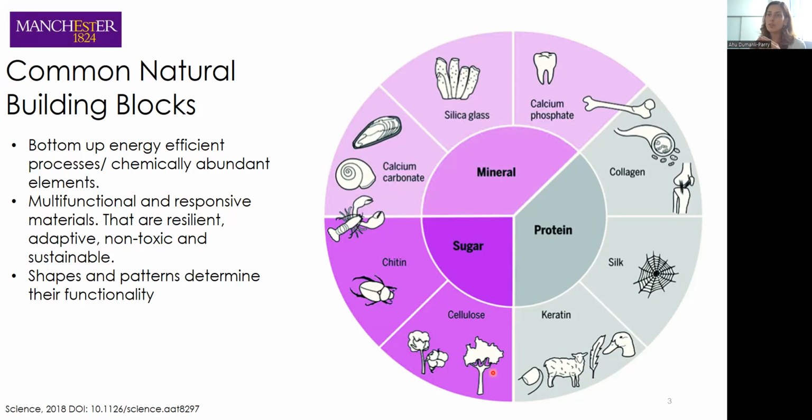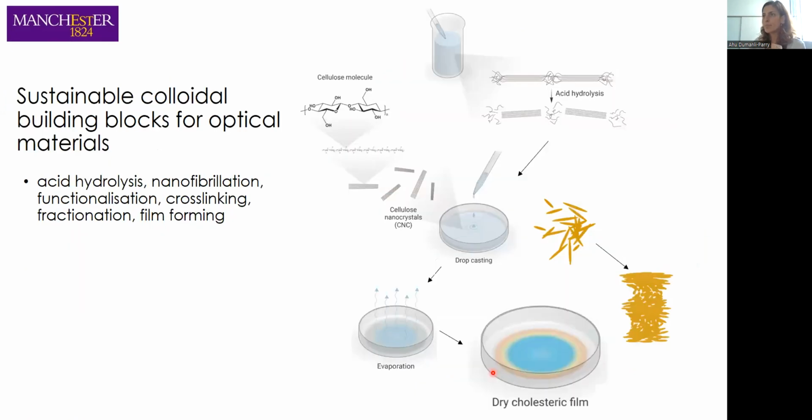For example, if you look at the basic sugars, more complex sugars, or proteins like silk or collagens, we see that fibrillar formation is very much favored by nature. So that gives us a really good clue where we should be looking, or what kind of strategies we should be applying for bringing functionalities into place.